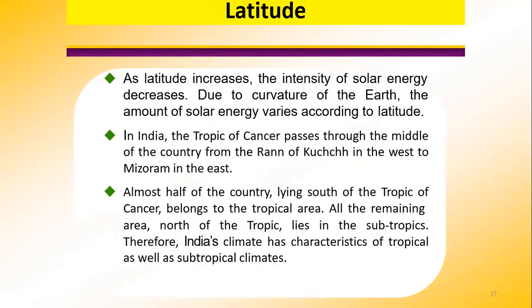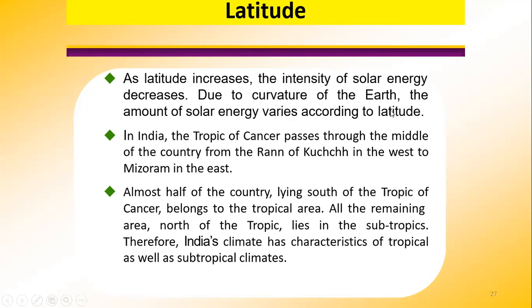As the latitude increases, the intensity of solar energy decreases. This happens due to the curvature of the earth, so the amount of solar energy varies according to the latitude. In India, the Tropic of Cancer passes through the middle of the country, from the Rann of Kutch in the west to Mizoram in the east.